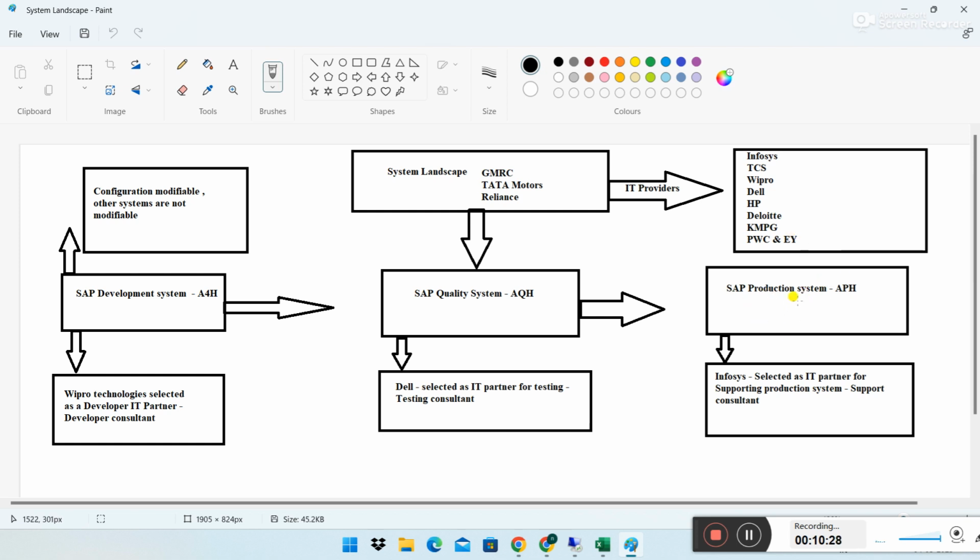From a production system only, the business will get its bread and butter. They'll get the revenue, right? Because that is a priority system, it should be handled by the business. Whatever systems we handle, we handle a development system and we support a quality system at testing time. And if any issue comes in your production system, we will also support.